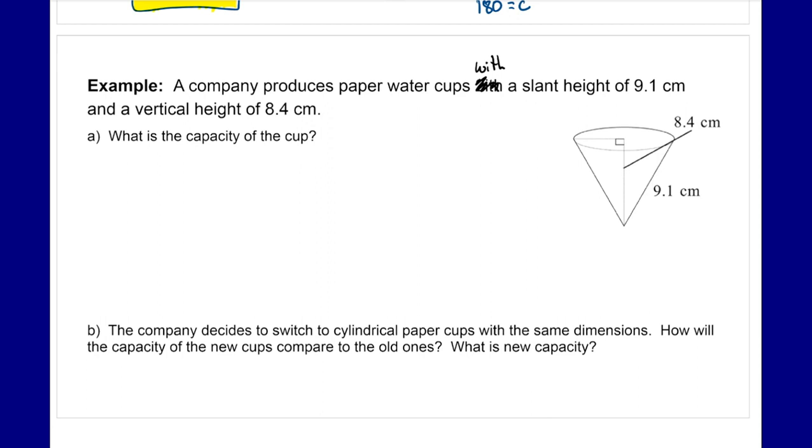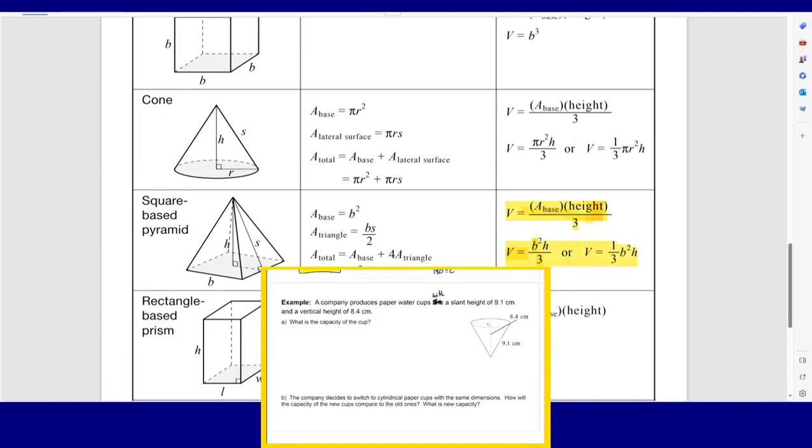So I need to find my cone formula. If I go back to my formula sheet, I see my cone volume is on the far right, area of the base times height divided by 3. I see it broken down, but I can figure out the area of the base times the height. The base is a circle. I have the height. I'm just going to figure that out and then divide by 3.